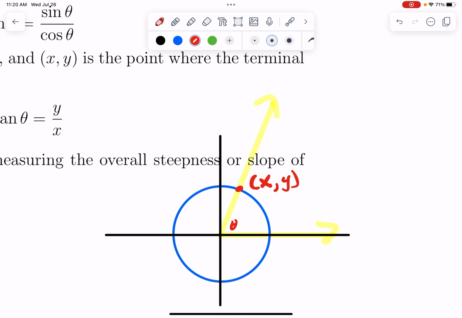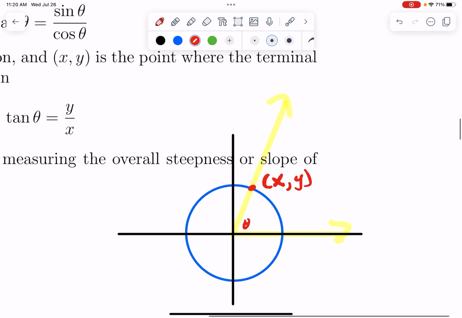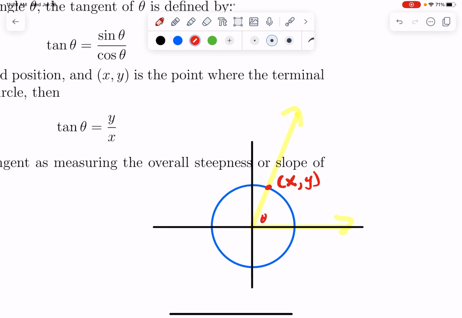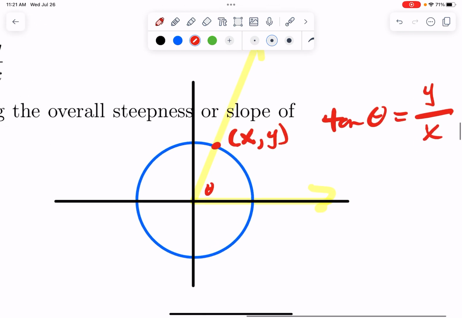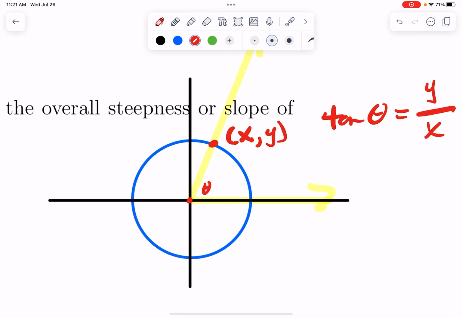That's x comma y. And what tangent computes is the sine value, which is y, divided by the cosine value, which is x. And in terms of the picture, that's a measure of steepness.